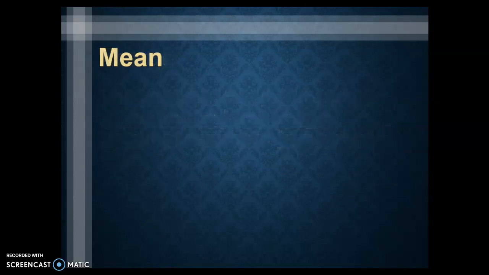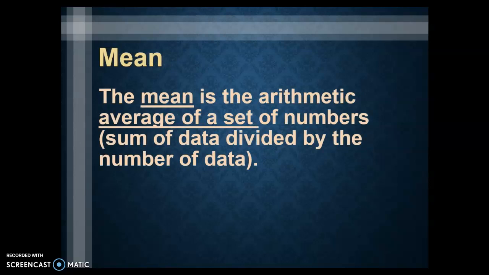in this case if we're talking about your grades. Our mean is another value when we're trying to find our central values. The mean is the arithmetic average of a set of numbers, the sum of data divided by the number of addends or data. Previously, when we were adding the 6, the 8, and the 10, I think the three numbers are 5, 7, and 8, I can't remember, we were finding the average.